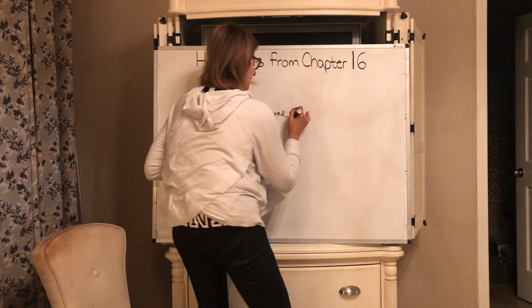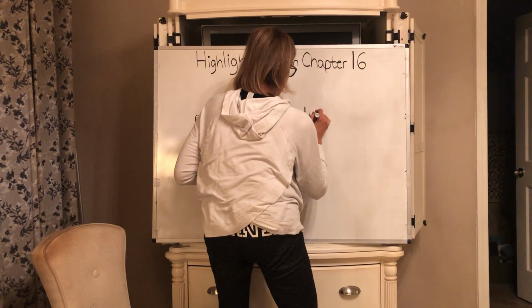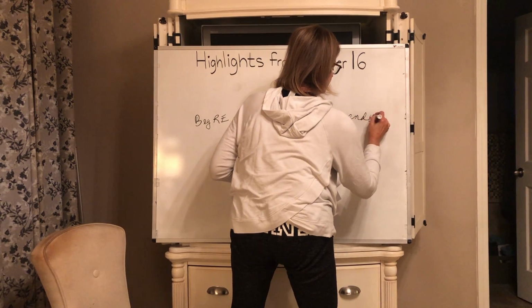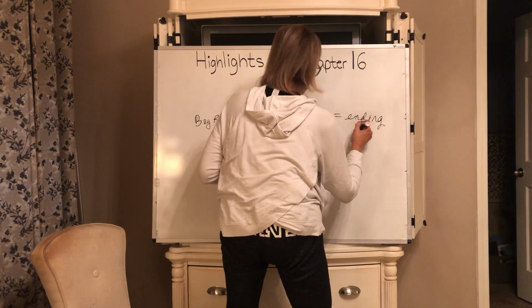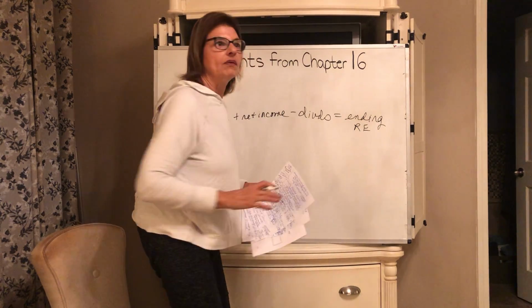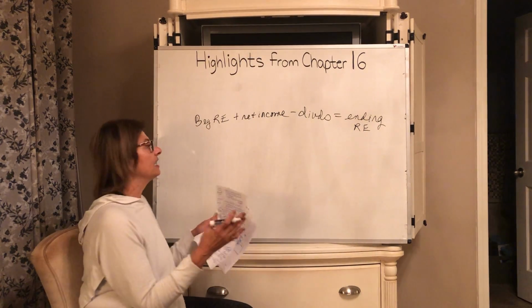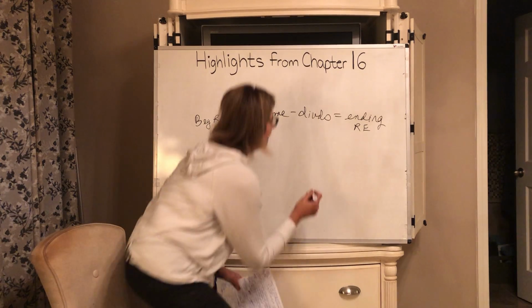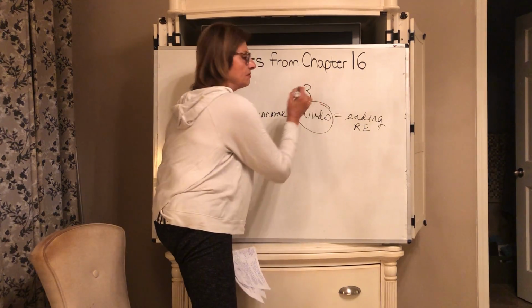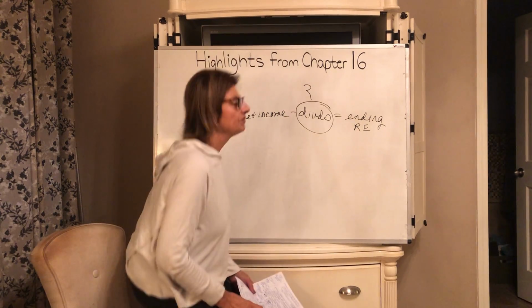Minus dividends, which I'll abbreviate, equals ending. Just like the statement of stockholders' equity. We know that's our formula for figuring out the ending equity. But in this case, this is the one we don't know. This is the question mark, and they show it in the T account.